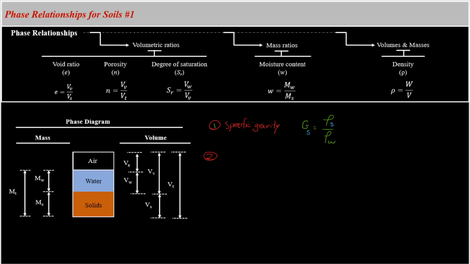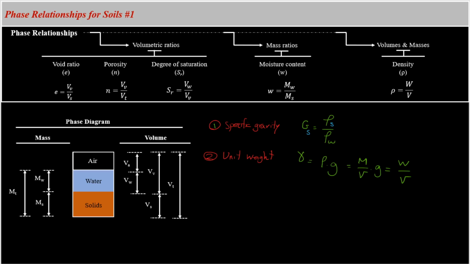The second parameter and the last parameter in this video is the unit weight. We all know what the unit weights are. Unit weights are density times gravitational acceleration. And as density was mass divided by volume, when we multiply mass by gravitational acceleration, we only have weight divided by volume.